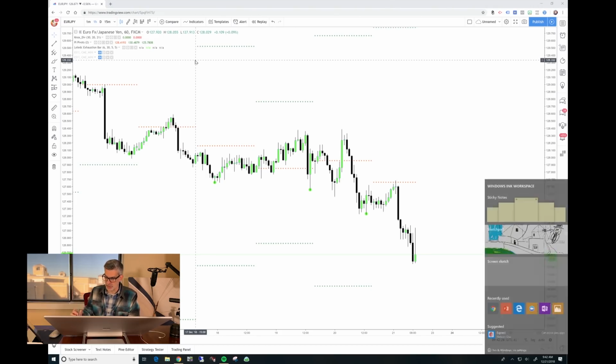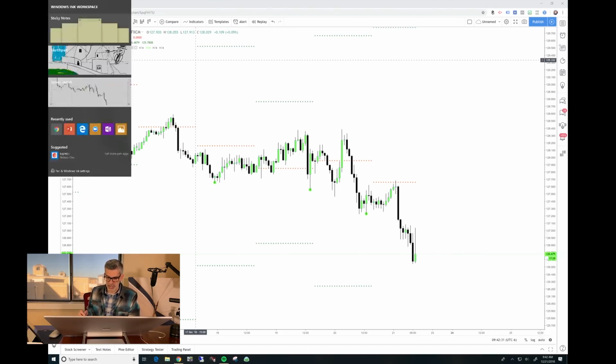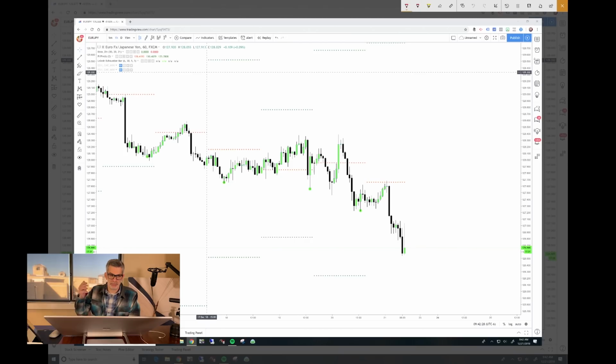But what we do want to look at are times when the currencies show us that there's been a brief pop, a move upward, and we can sell into that. Well, let me give you an example.